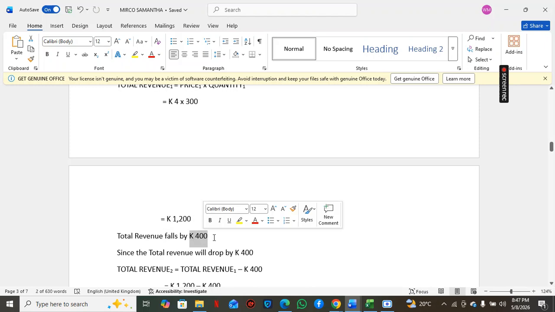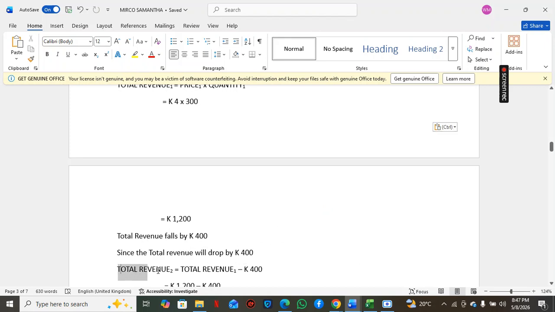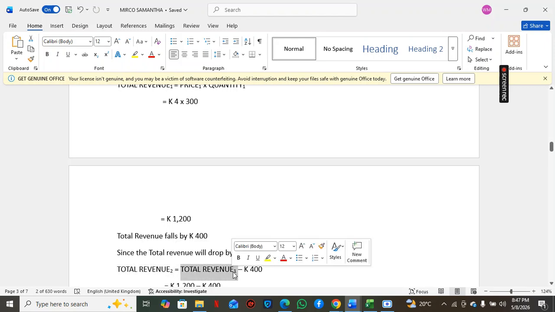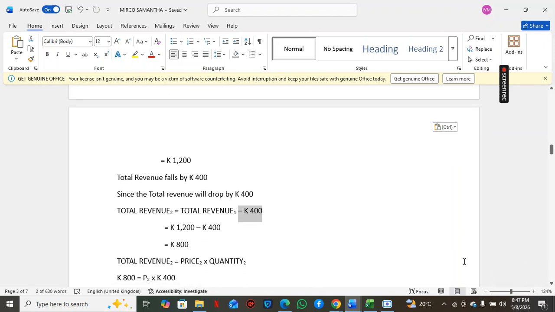So we can make this equation because we need to find our new total revenue, which we're calling total revenue 2. So total revenue 2 equals total revenue 1 minus the 400 kwacha drop. So 1,200 minus 400, you get 800 kwacha. 800 kwacha is our new total revenue. Now remember, colleagues, in the question, we are trying to find out what is the new price of the good.